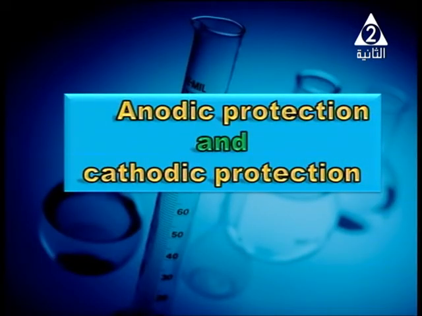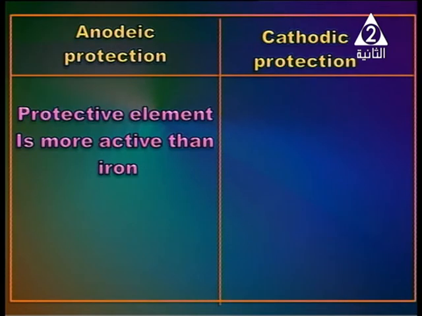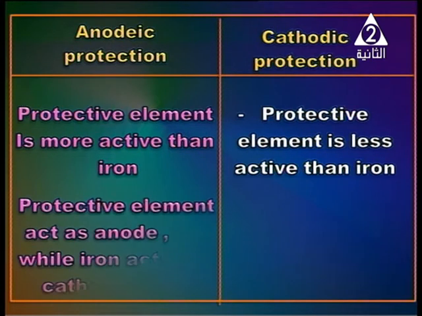Let's make another comparison between anodic protection and cathodic protection. In the anodic protection, the protective element is more active than iron, while in the cathodic protection, the protective element is always less active than iron.